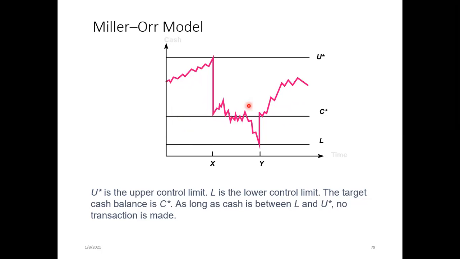There is no selling and buying of securities in between. Only once it reaches the upper limit or the lower limit will the manager interfere in the cash management, to convert cash into marketable securities or marketable securities into cash, depending on the point it reaches.